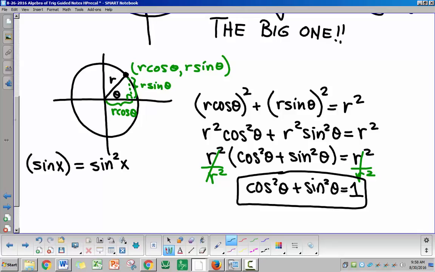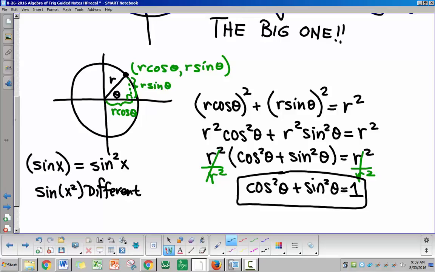If you had something like this, that's different. I believe that's why they came up with the convention of putting the square between here, so you would know you're not squaring the x. That's a great question. Anybody got any other questions? So it doesn't matter what the radius is, because the radius itself will divide away.